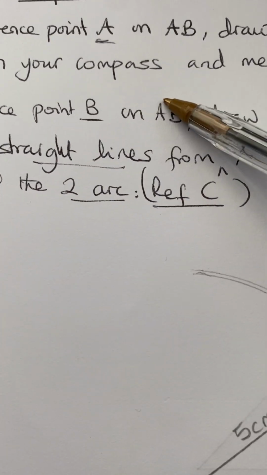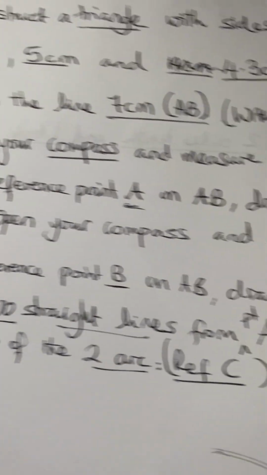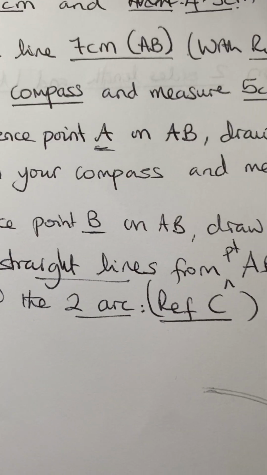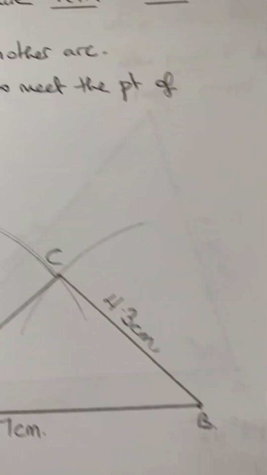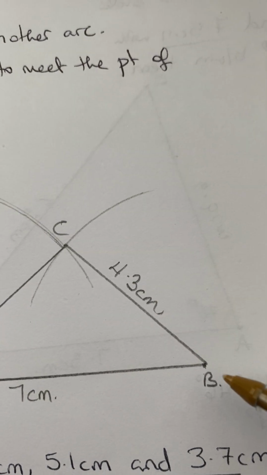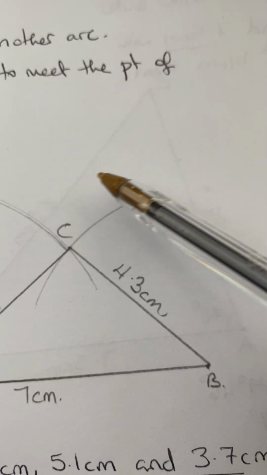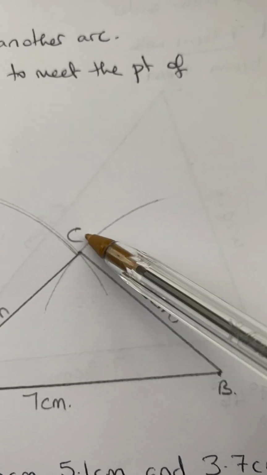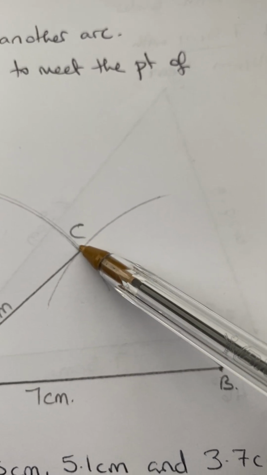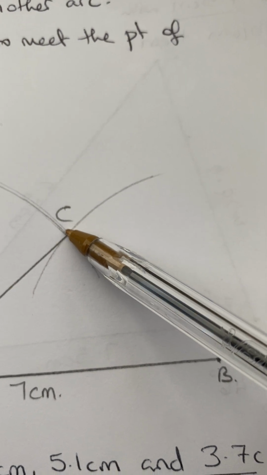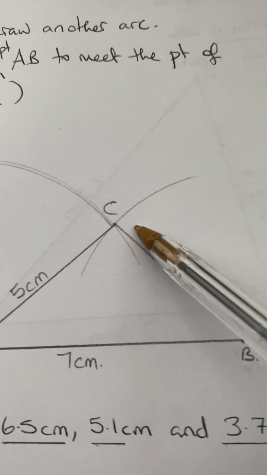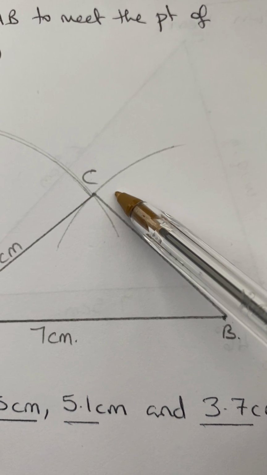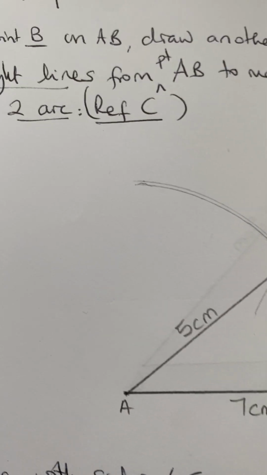Again, open your compass and measure 4.3 centimeters on the ruler. Here, I measured it, it is 4.3, and draw a second arc. So the two arcs are going to meet at the point C. You join A to C and B to C. Okay, and that's your triangle.